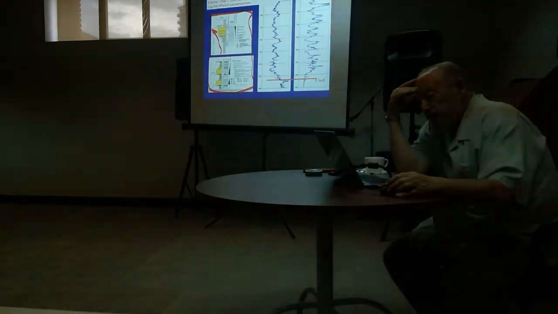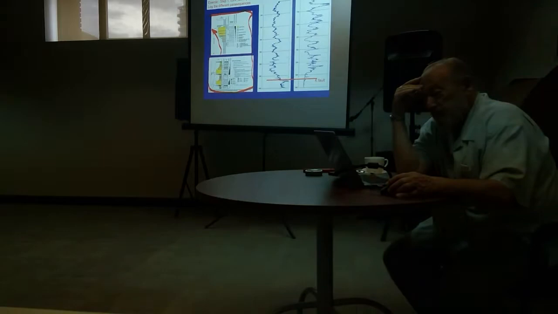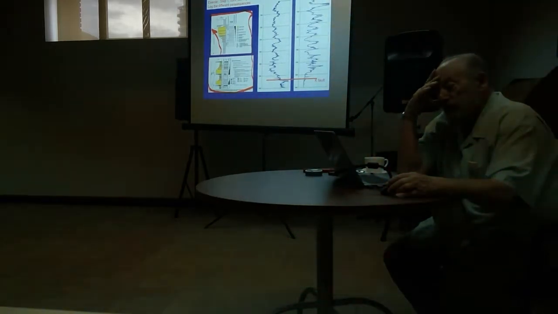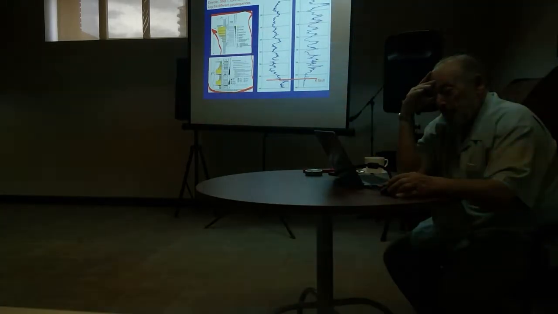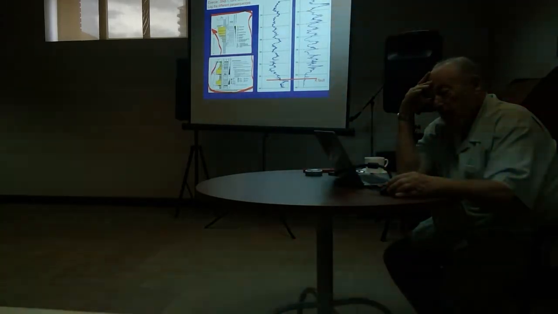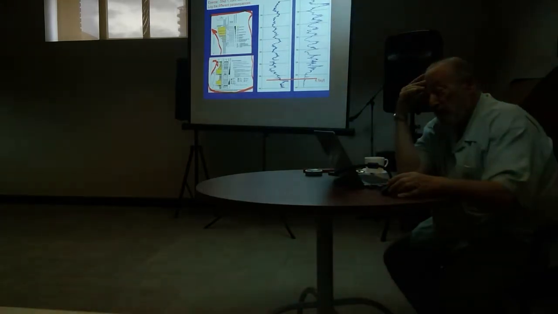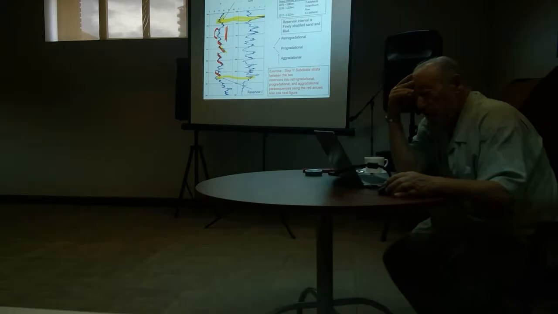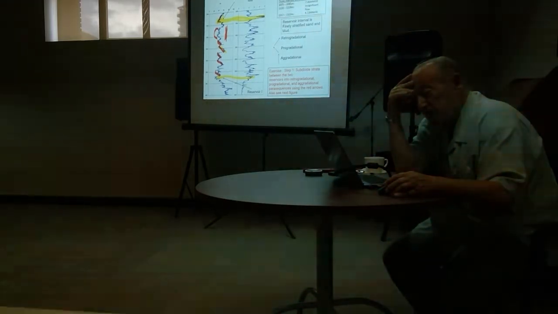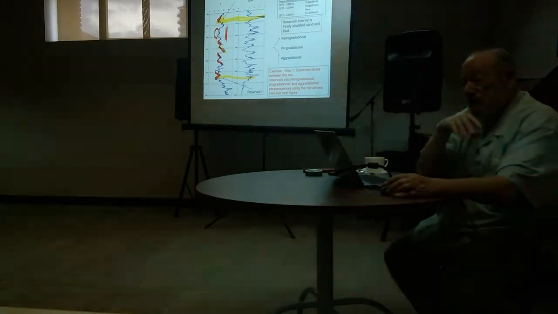Now here, this log pattern is just the opposite, where you've got your thick sands at the base and it gets thinner and shalier upward. The geology that corresponds to that log pattern is where you had your two reservoirs, there and there.